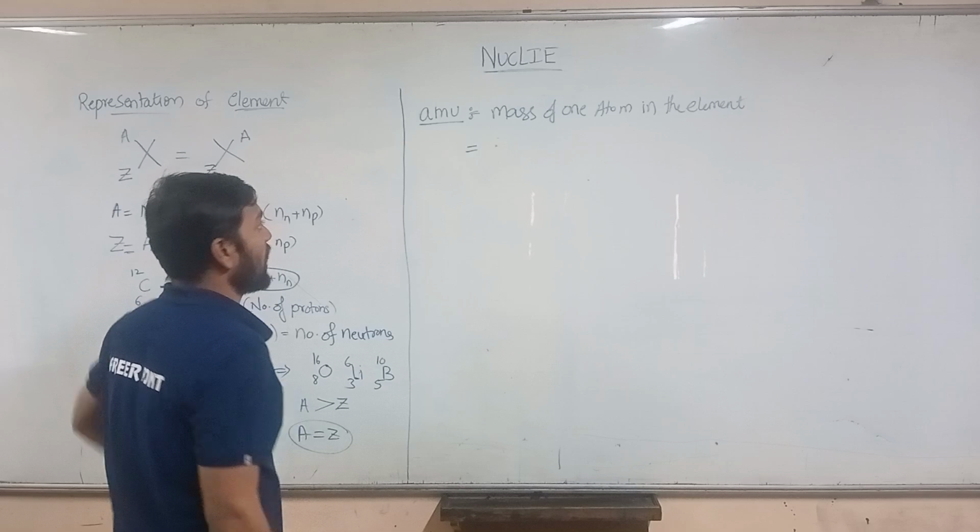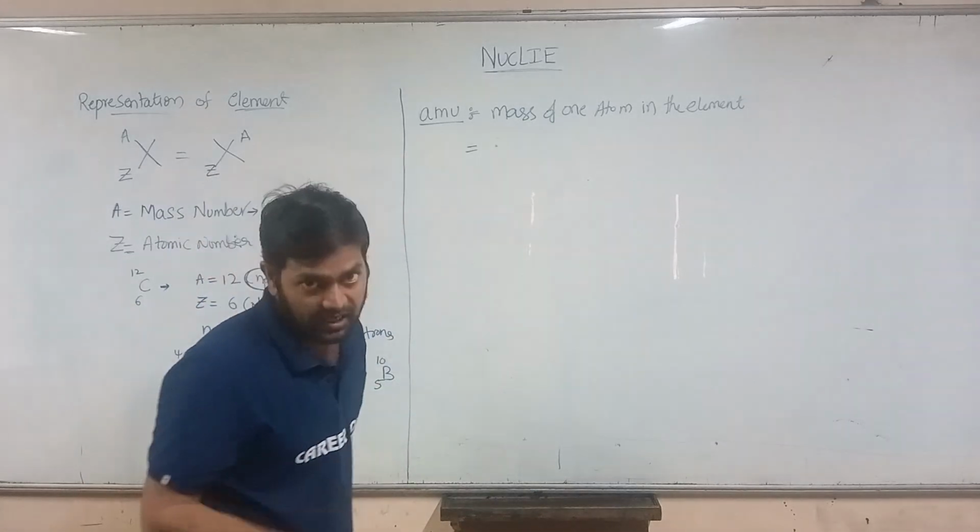In the mass we have the number of protons, the number of neutrons and the number of electrons.